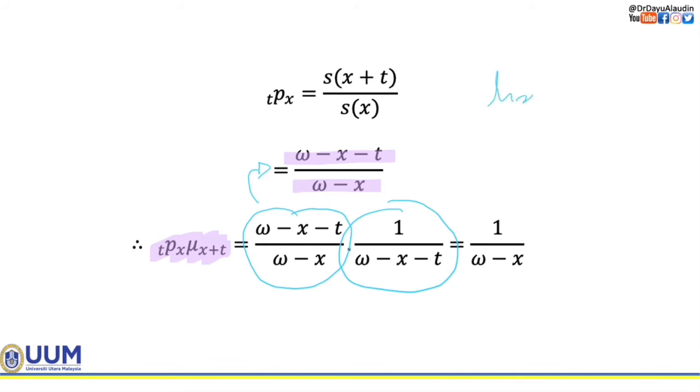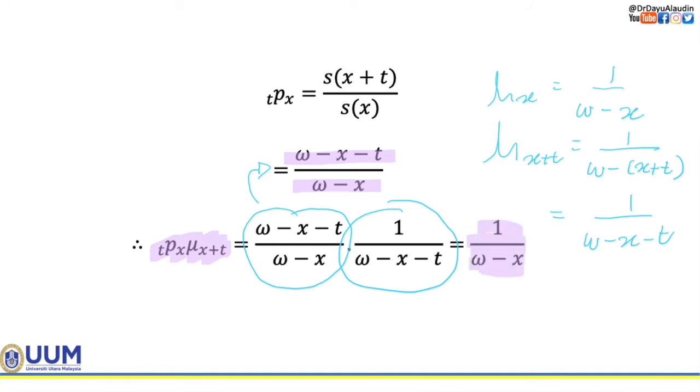Since mu x is equal to 1 over omega minus x, therefore mu x plus t is equal to, this one we substitute with x plus t, and we get omega minus x minus t. Then finally we get TPX mu x plus t is 1 over omega minus x.